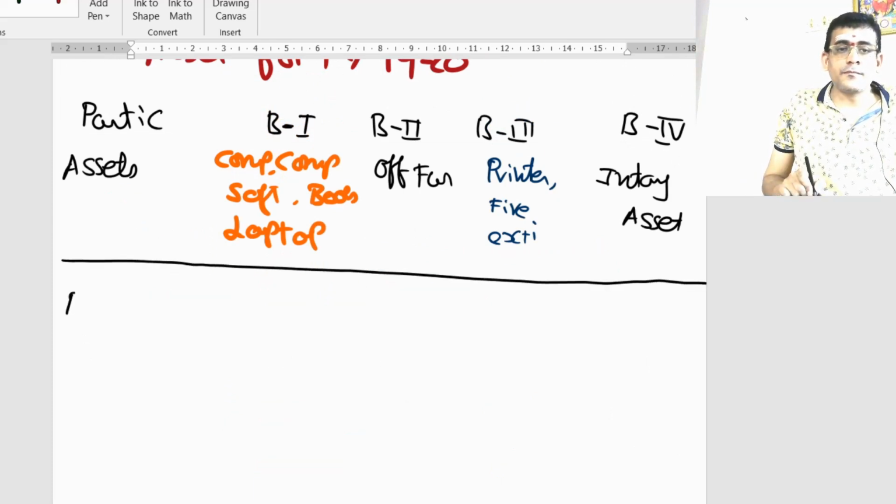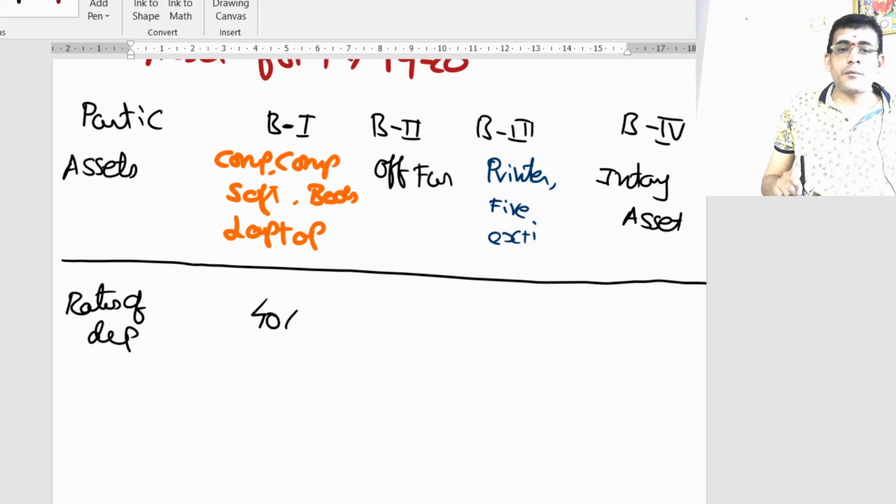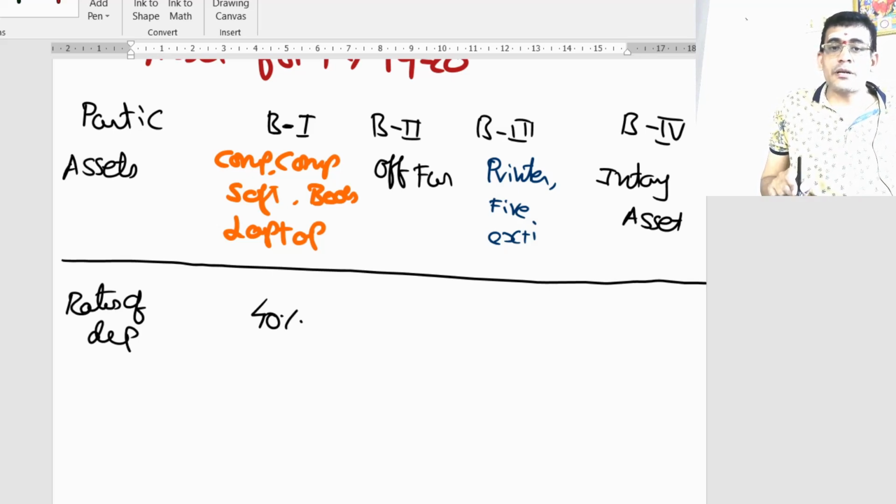Now take the rates of depreciation specified as per rule 5 sub rule 1. What are the rates of depreciation you have? For computers and other related computer purposes, the rate of depreciation should be taken as 40%. For office furniture, the rate of depreciation should always be considered as 10%.